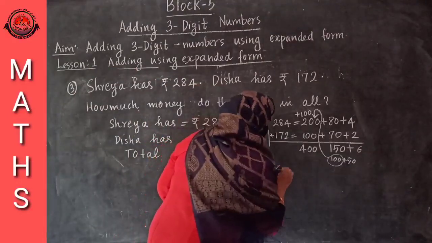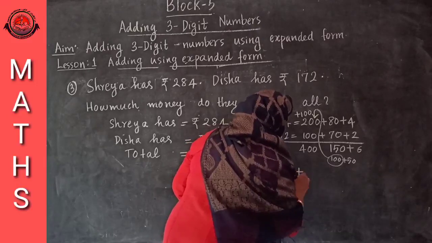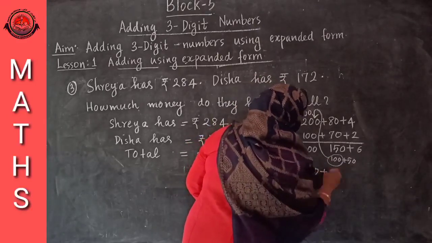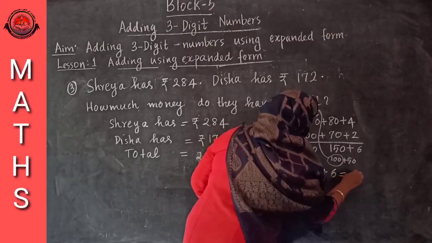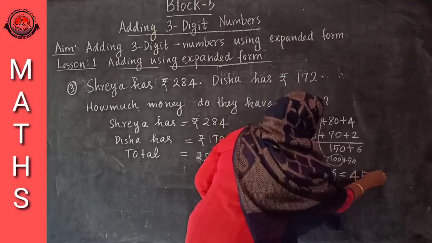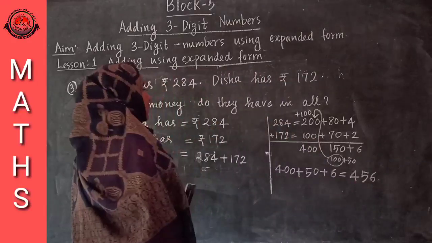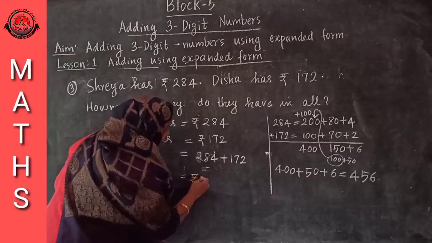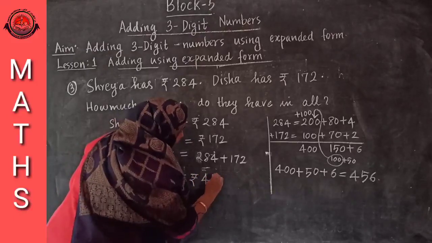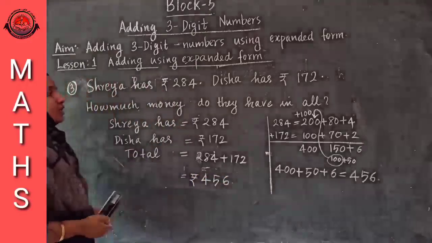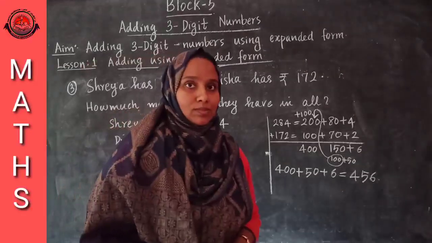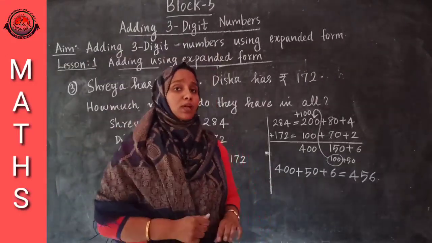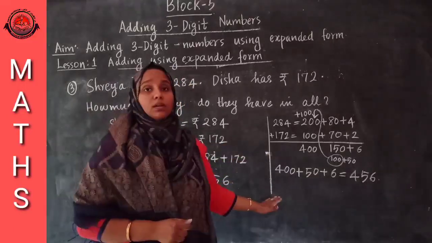So the expanded form we got is 400 plus, here no 100, here only 50. 50 plus 6 is here, that is equal to 456. Okay, our answer. So the total amount is 456. Understood?